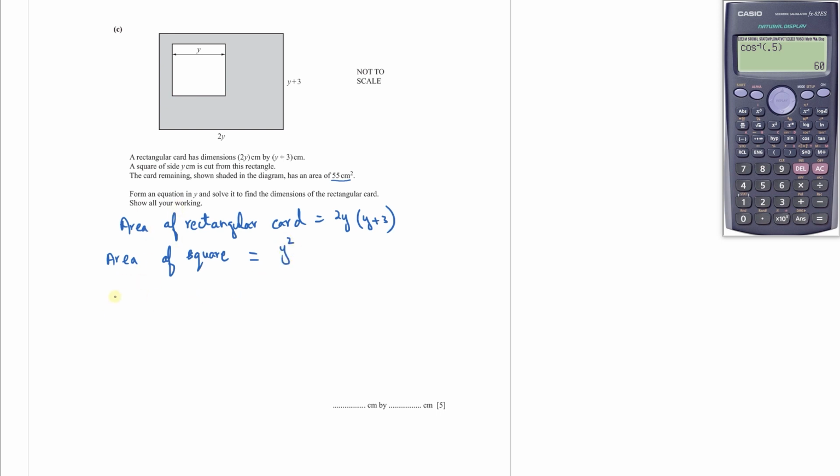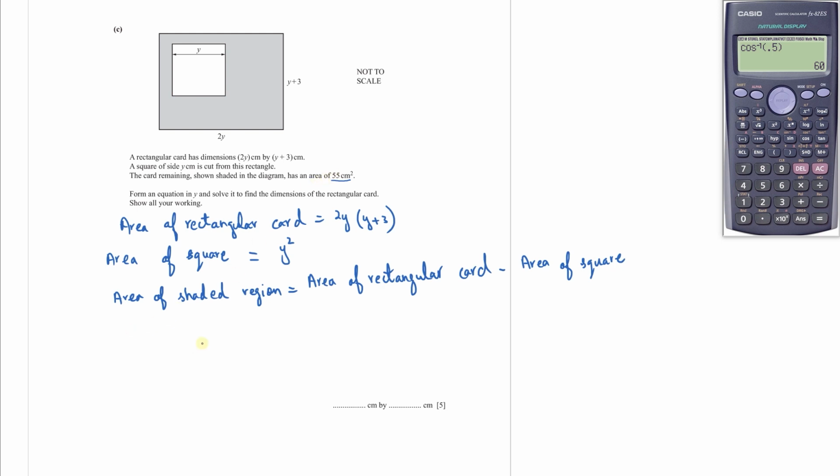So now area of shaded region is area of rectangular card minus the area of the square.